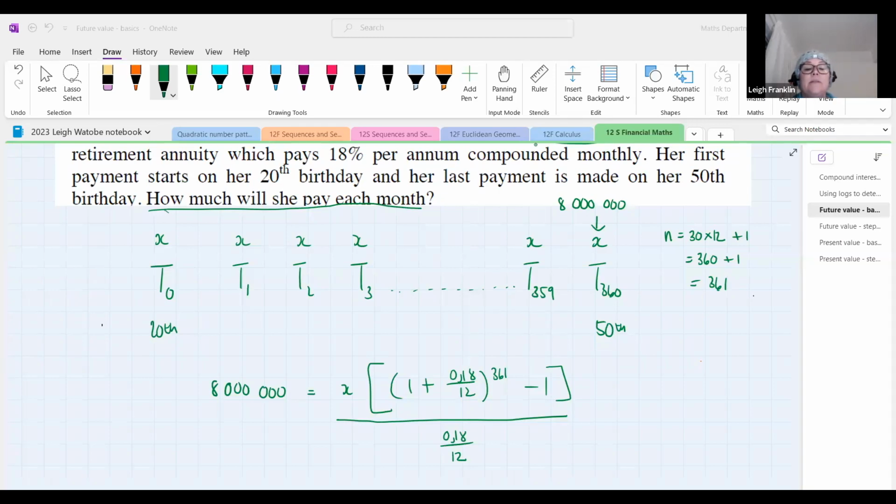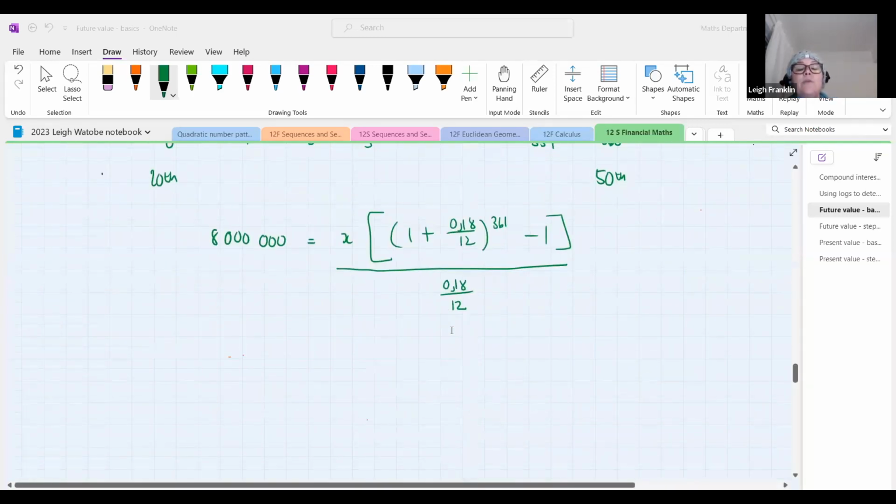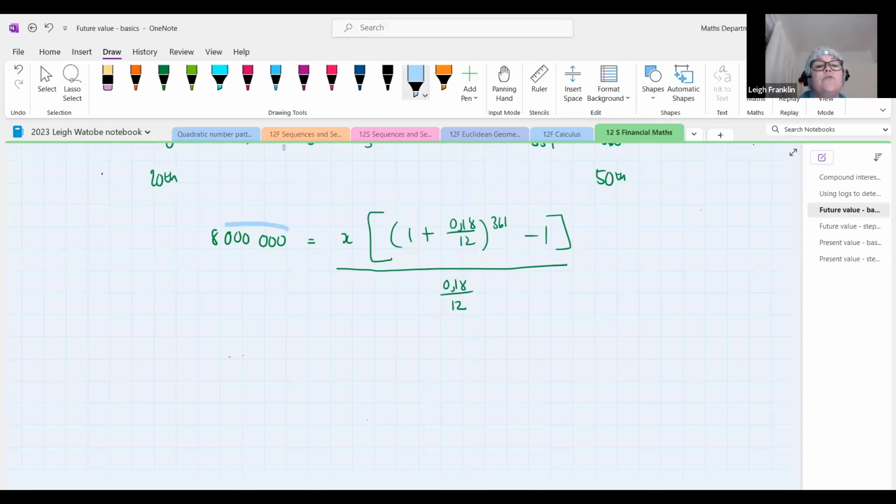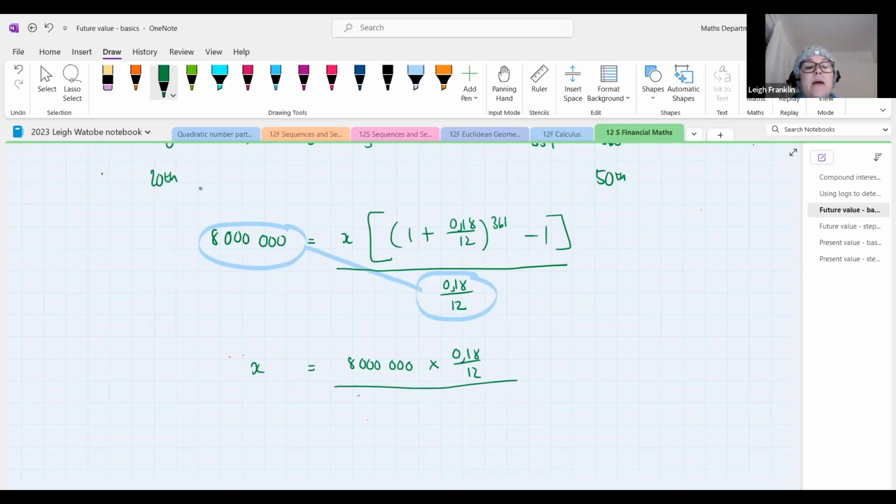Okay, good Pinga, yes, absolutely. Okay, so now, in order to solve for x, you are going to cross multiply. You're going to cross multiply this 8 million with the interest rate, and then divide by the square bracket. So in other words, x is 8 million times 0.18 over 12 divided by our square brackets.